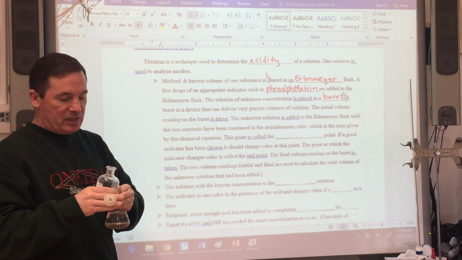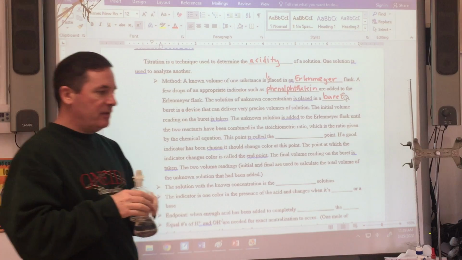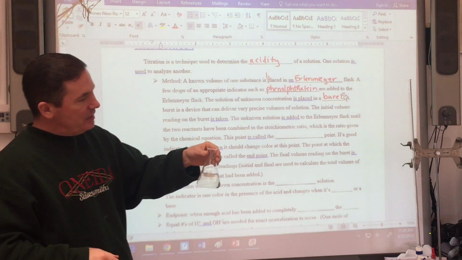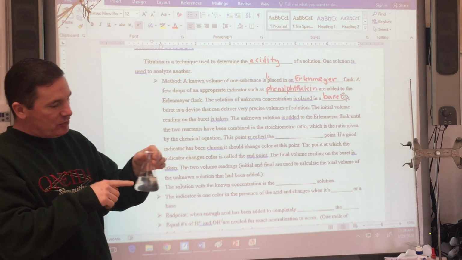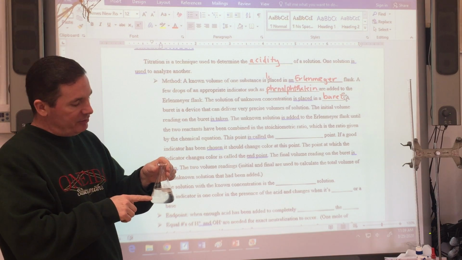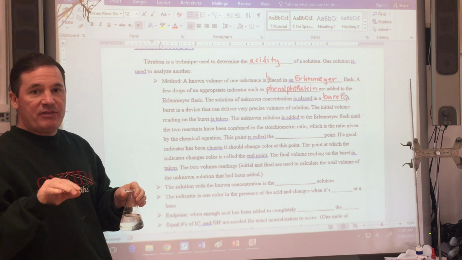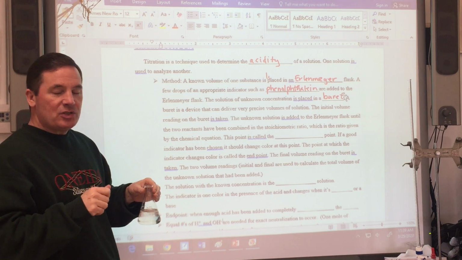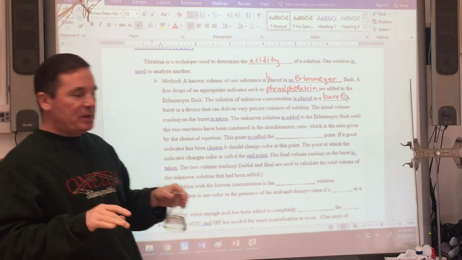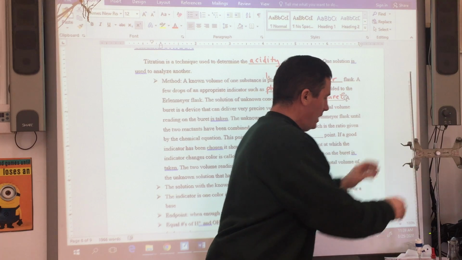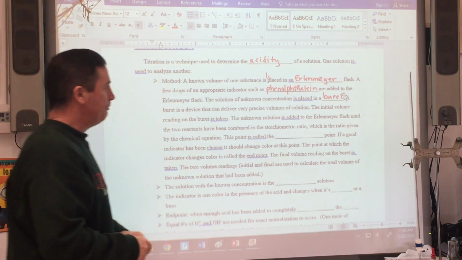The pink is because I had phenolphthalein in there. Now the idea is to add enough of the sodium hydroxide into the Erlenmeyer flask until it turns pink, but stays pink, very faint pink. If you put too much in there, it won't be as precise, and you'll have to start over. Okay, so that's the basic process of it.